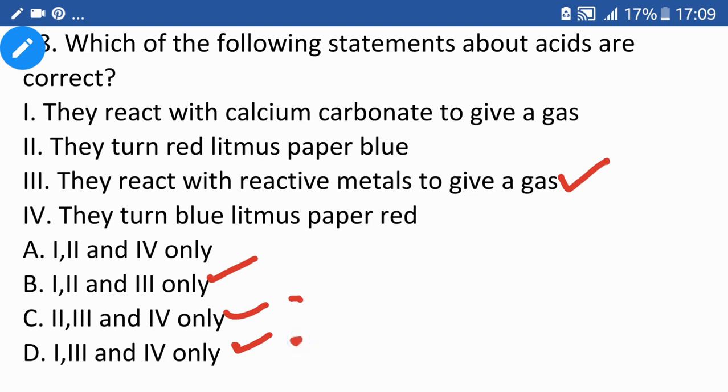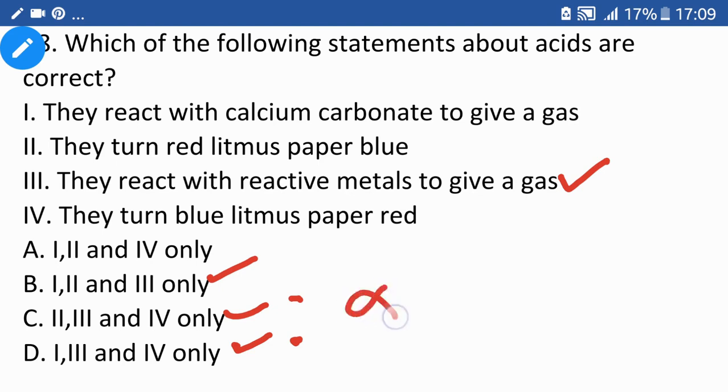Let's look at another one again. I is saying that they turn red litmus paper blue. That's wrong. Acids do not turn red litmus paper blue. So anywhere you have I is wrong.